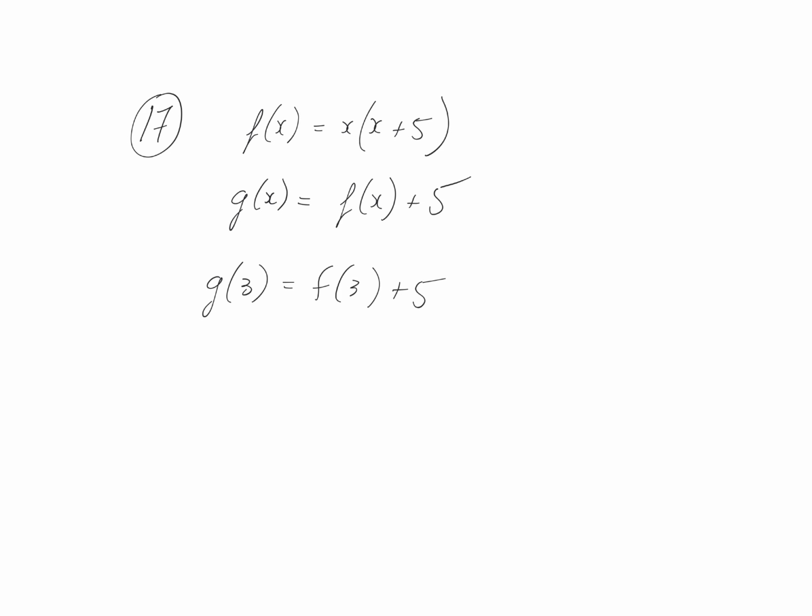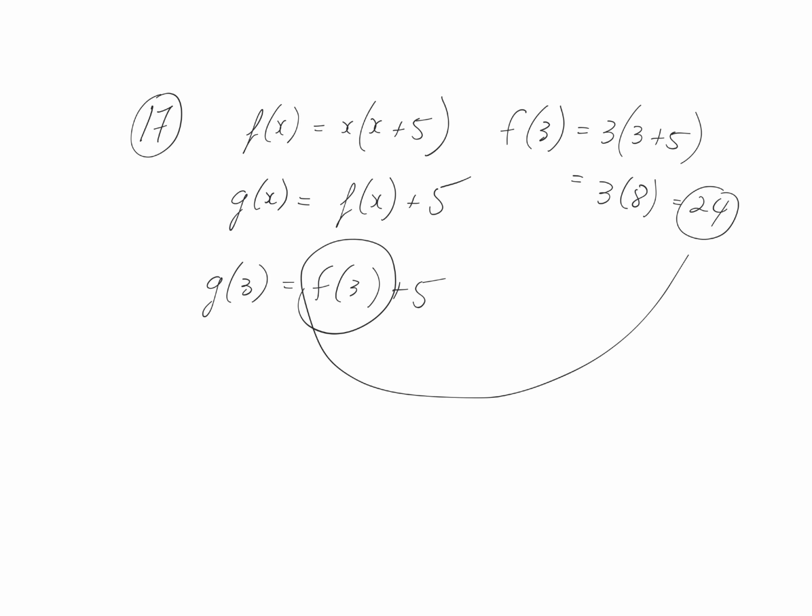What is f of 3? Well, f of 3 is 3 times 3 plus 5, that is 3 times 8, which is 24. And then we have plus 5. So g of 3 is 24 plus 5, which is 29. D is the answer.